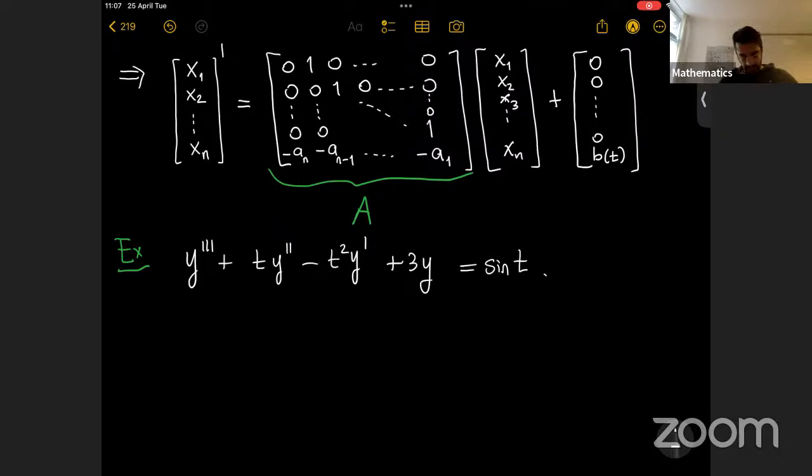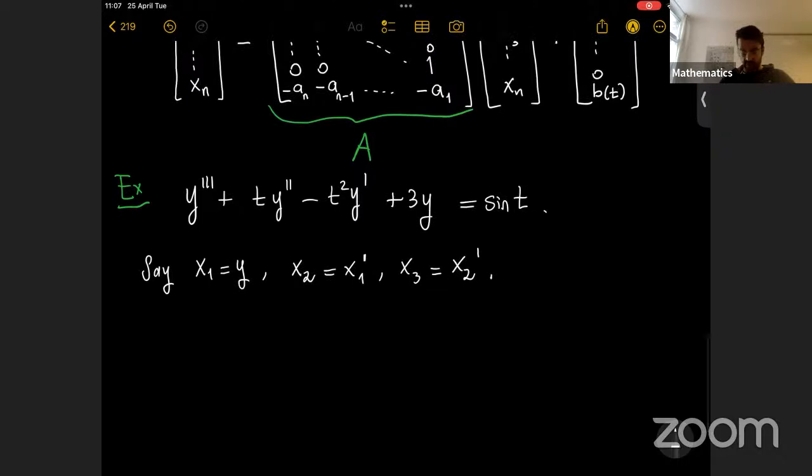So let's say x1 is y and x2 is x1 prime, x3 is x2 prime. Okay, so you introduce three functions because it's an order 3 equation.